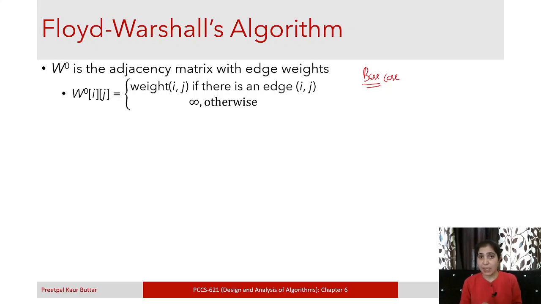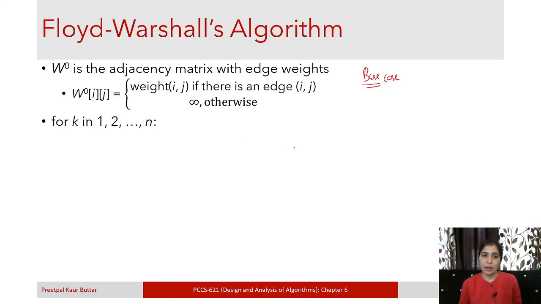This is the basic subproblem which we solve at the very first instant. Each entry of your matrix will contain the weight of the edge between i and j if it exists, and if the edge does not exist, then the entry will contain infinity.